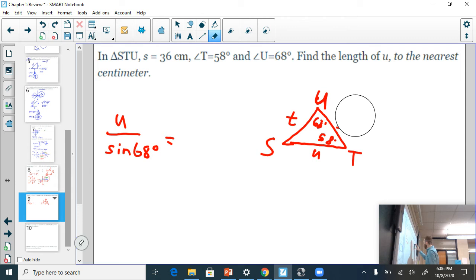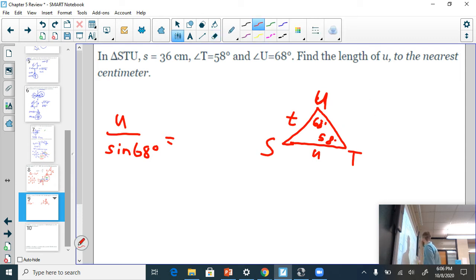So that little length there is 36. So that'll be 36 divided by the sine of, we don't have what S is, but we can easily find it, right? 180 minus 68 minus 58 will be 54 degrees.